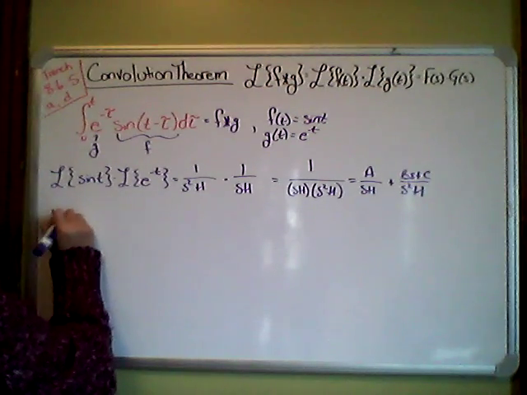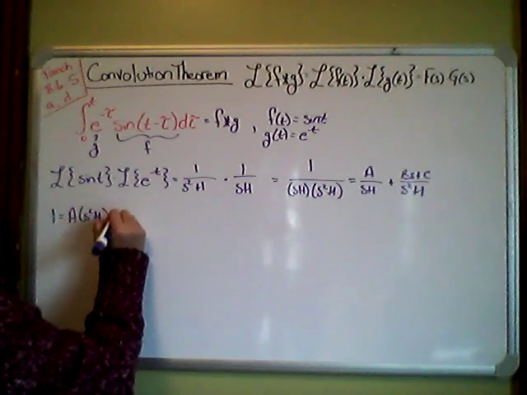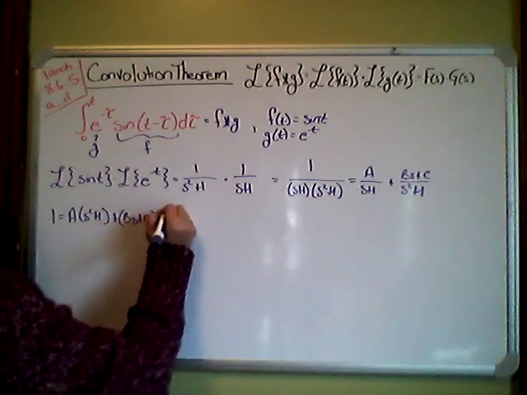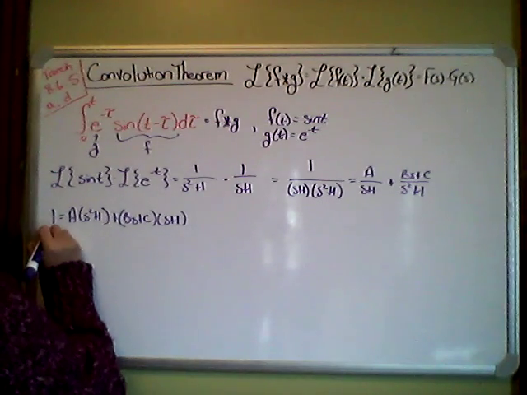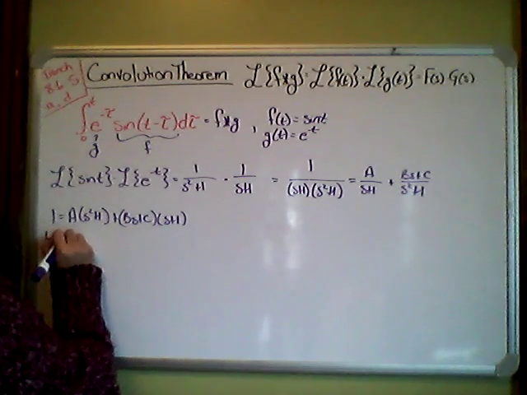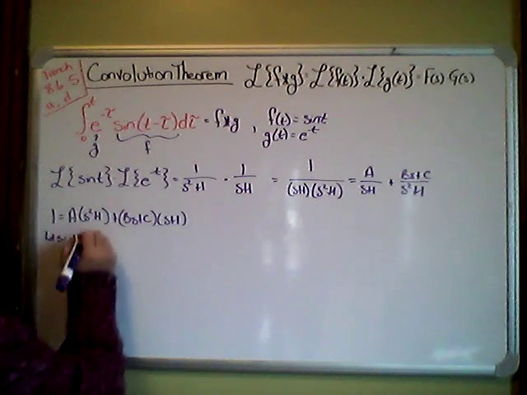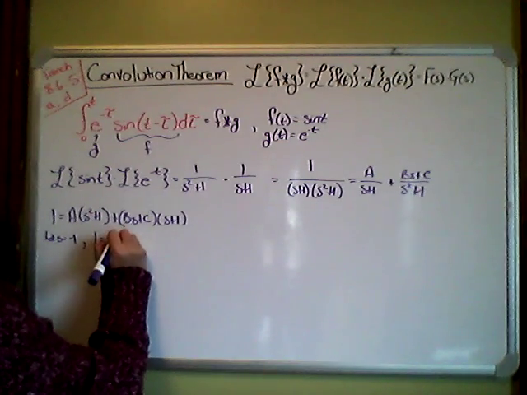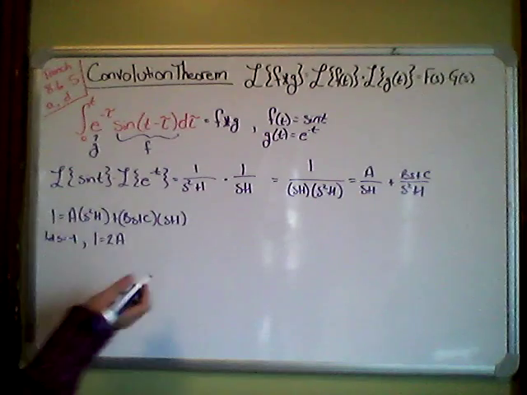So 1 is equal to a times (s squared plus 1) plus (bs plus c) times (s plus 1). And so we'll start out by letting s equal minus 1 because that will clear out both b and c. So 1 is equal to 2a because minus 1 squared is 1, 1 plus 1 is 2.